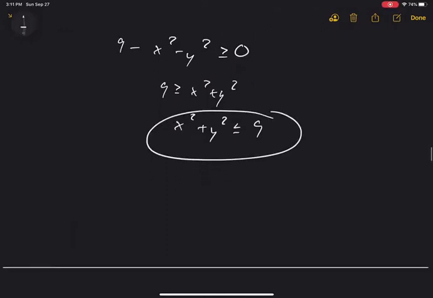Okay, what is this inequality? Well, again, let's try and think about this graphically. If I just had to write set notation, I could go ahead and do that. My domain is the x and y such that x squared plus y squared is less than or equal to 9.